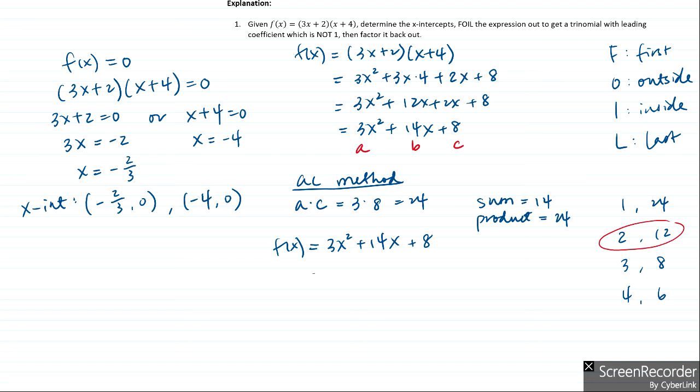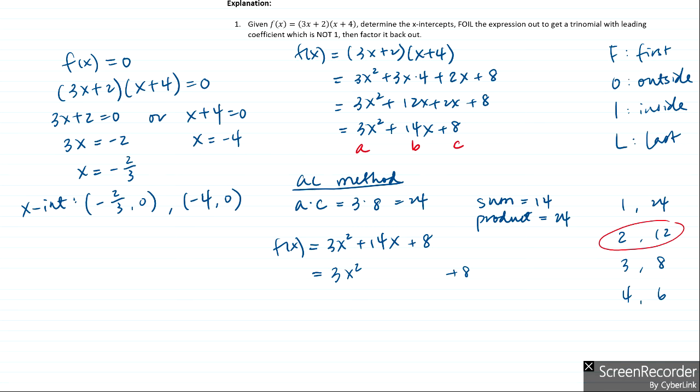Instead, we're going to rewrite the original function. The original function has 3 terms, and what we're going to do is create 4 terms, so we can do factor by grouping. And to do this, we can leave 3x squared as is, and we can leave the constant term as is. So the only thing we're changing is the middle term, the linear term.